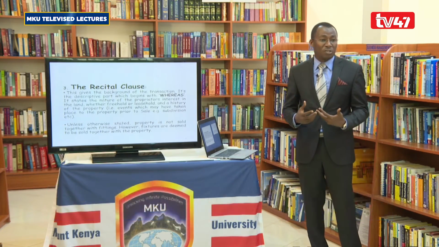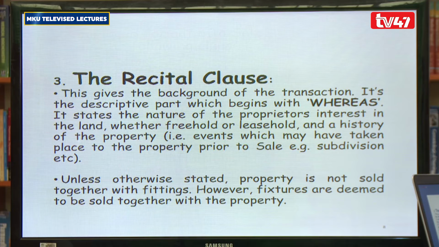Another important clause to have is what we call the recital clause. Now, this is the clause that gives the background of the contract, the history of the contract. It explains the position of the parties in the contract.